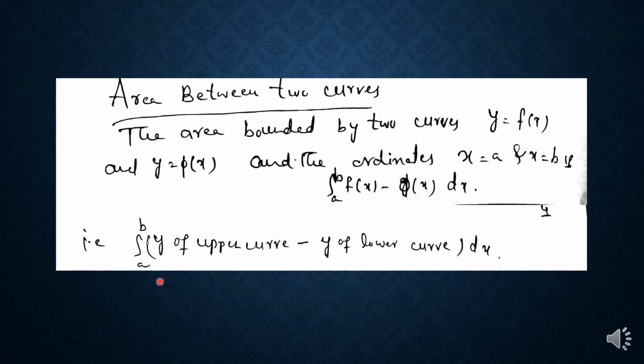So that is integral a to b y of upper curve minus y of lower curve dx. By using this formula, we can find the area enclosed between two curves.